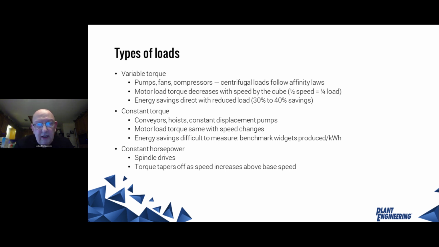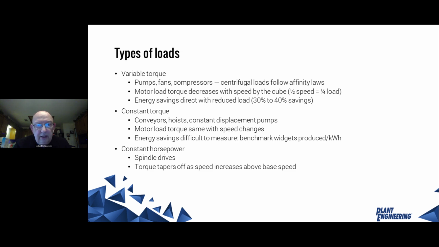Okay, here we're going to get into types of loads. And this is a little bit different than what you might be used to when we talk about duty cycle. This is not duty cycle. This is variable torque. So variable torque means when you change the speed downwards, like in a centrifugal load, pump, fan, a compressor, it follows the affinity laws.